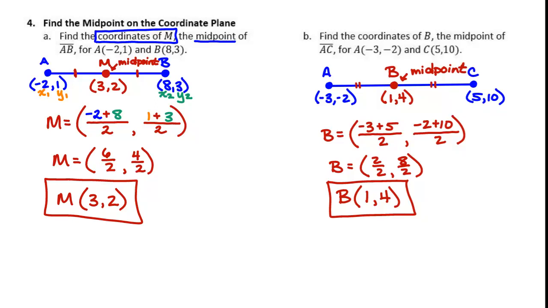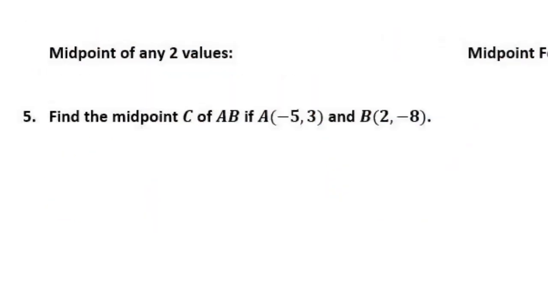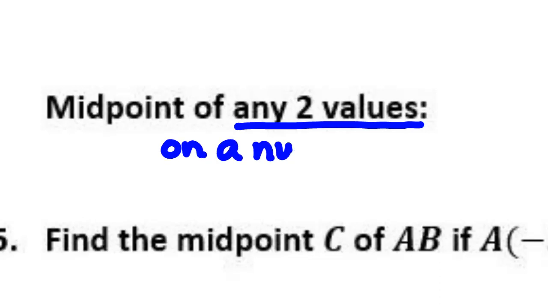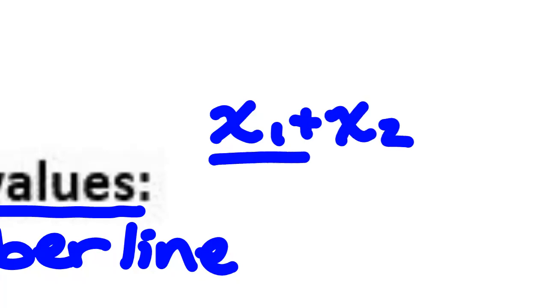All right, let's flip the page over. Let's go look at page 13. All right, the midpoint of any two values when I'm on a number line, we're adding the x's, x1 plus x2, and cutting it in half.